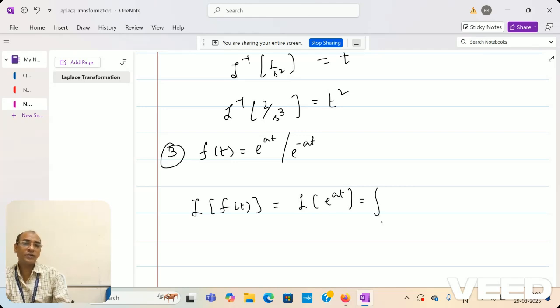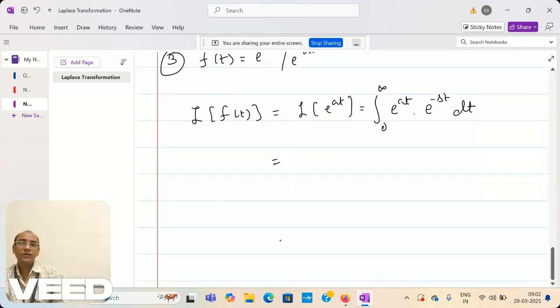According to the definition, it is nothing but the integration from 0 to infinity of e to the power at into e to the power minus st dt. So this will be equal to the integration from 0 to infinity of e to the power minus (s minus a) t dt.